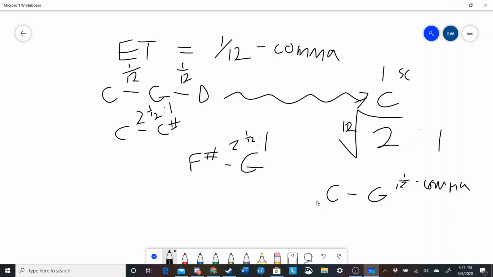If we look at C to E, this ratio would be 2 to the 1/3 to 1. Why don't I just stick that in a calculator and see how much that is.